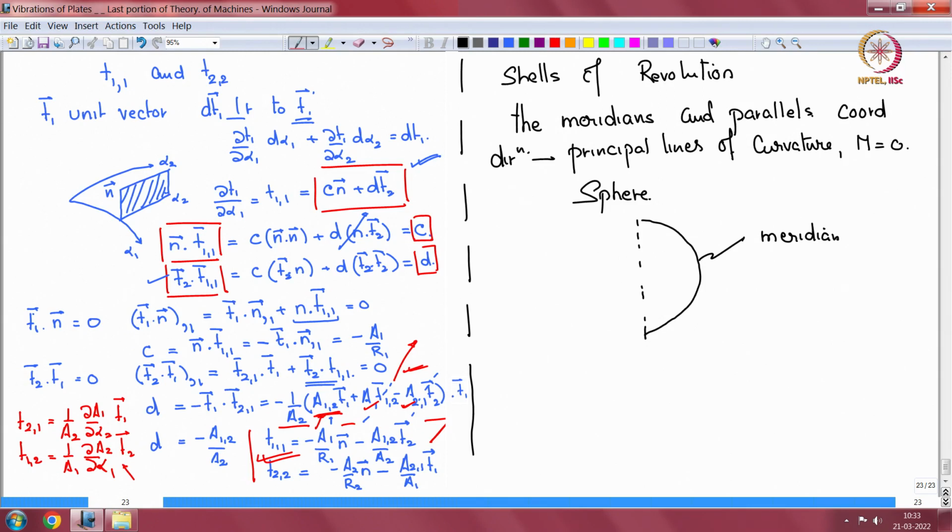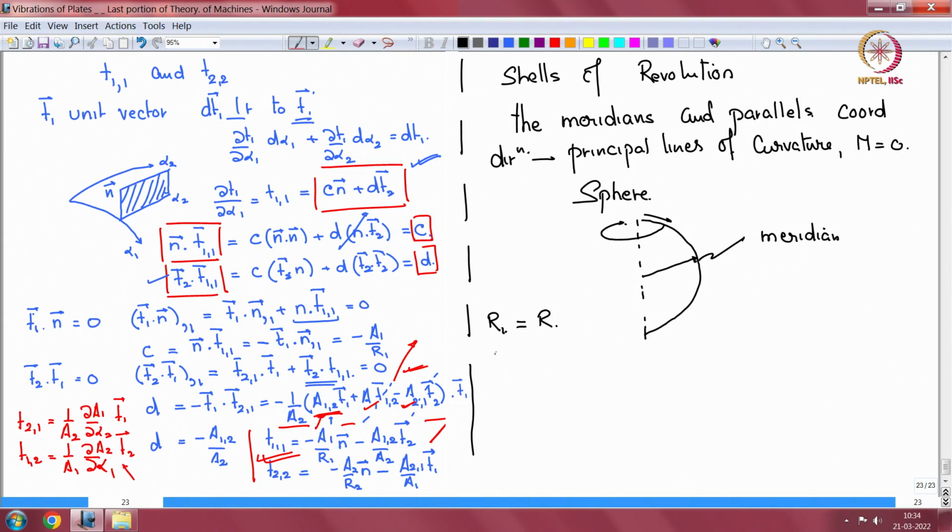If we take one coordinate along this and the other coordinate along this, then they form the principal lines of curvature. And so, one radius of curvature is thus just the radius of the meridian, which is in this case r.